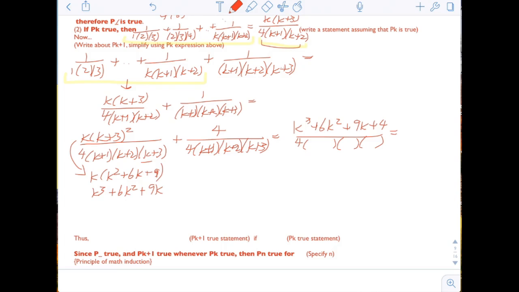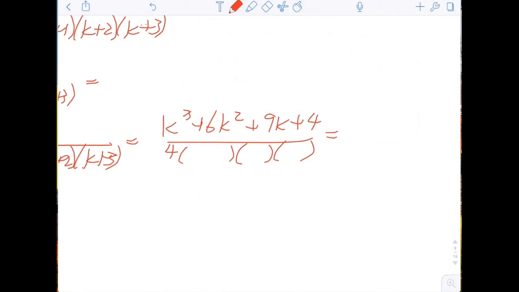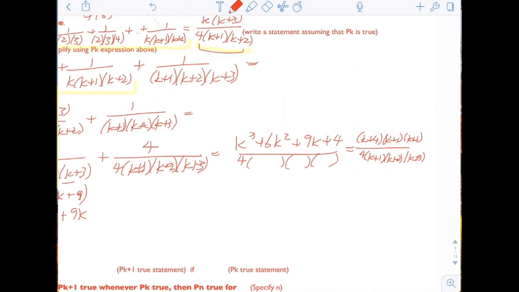So I put it into polysmlt and I found out that this is factorable. It's k plus 4 times k plus 1 times k plus 1. And remember, the bottom of this is 4 times k plus 1 times k plus 2 times k plus 3. Is that right? Yeah, it is.